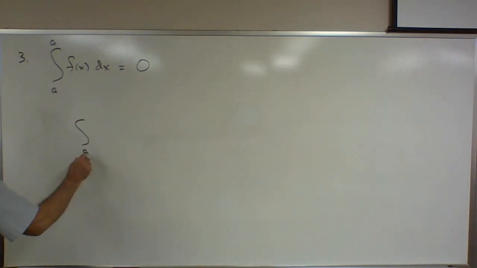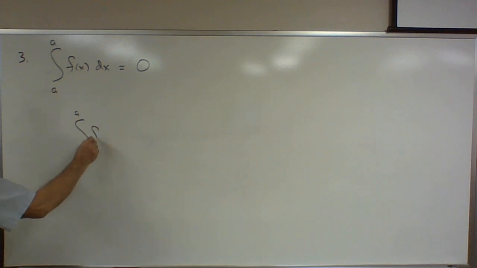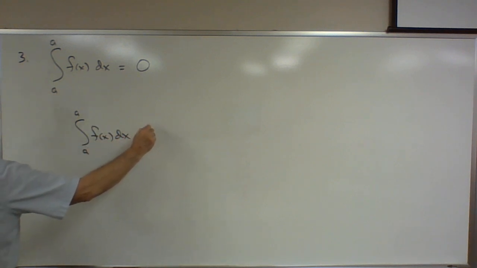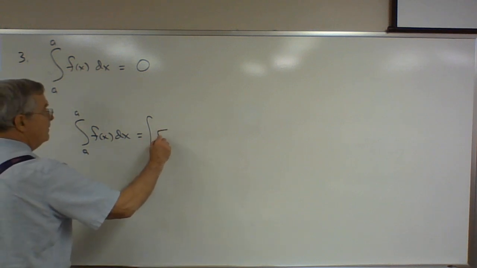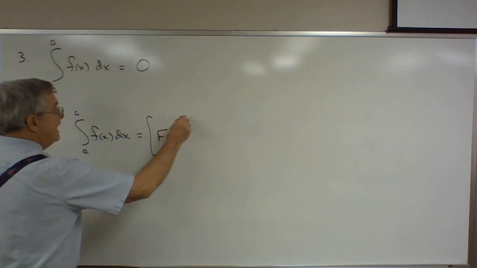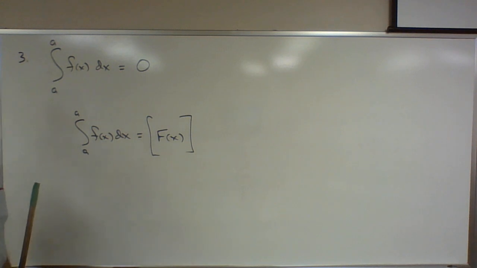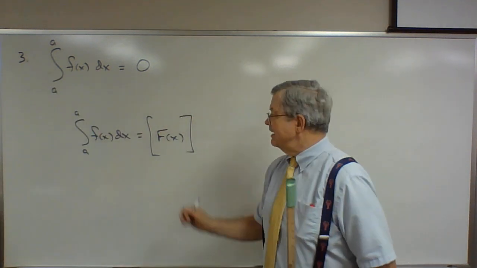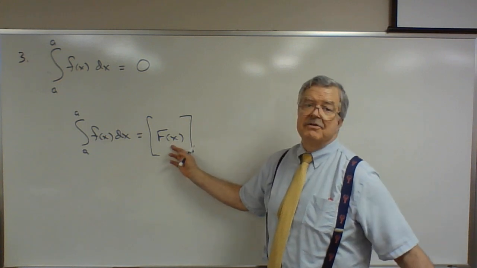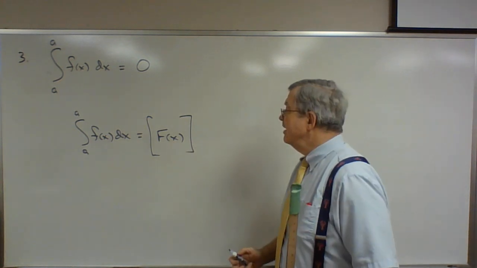The integral from x equal a to x equal a of little f of x dx. What do we do? We compute the antiderivative, capital F, and since any antiderivative will do, we very conveniently choose the antiderivative that has a constant term of 0.